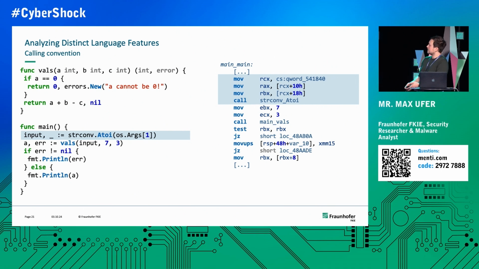So here, the stringconv a2i function, which you can see on the right, actually gets two arguments. There's a memory reference loaded into RCX in the beginning. This is the memory location where the command line arguments are located. And then there are two values from certain offsets loaded into RAX and RBX.